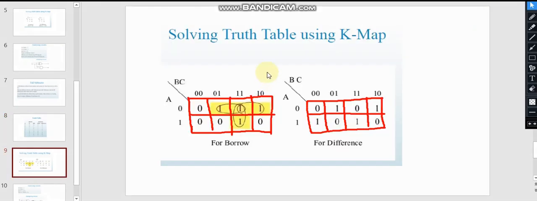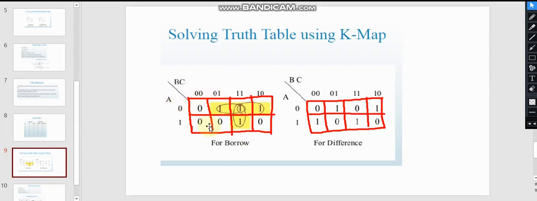You guys are familiar with the Kmap. If we implement the Kmap for borrow, then when A is equal to 0, B is equal to 0, C is equal to 0, the borrow we had was 0. Borrow 1 comes when A was 0, B was 0 and C was 1.